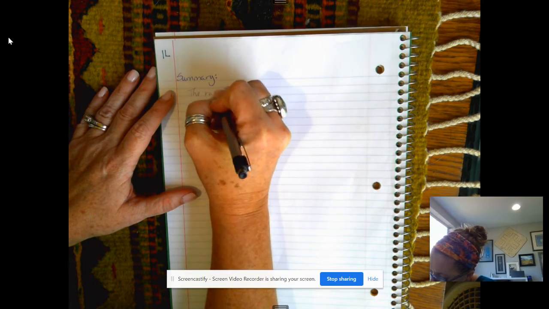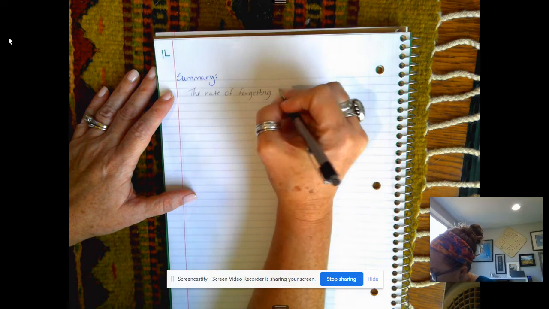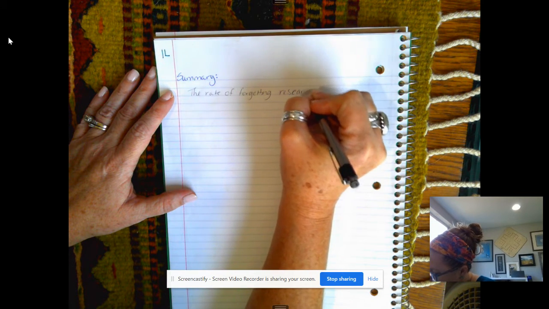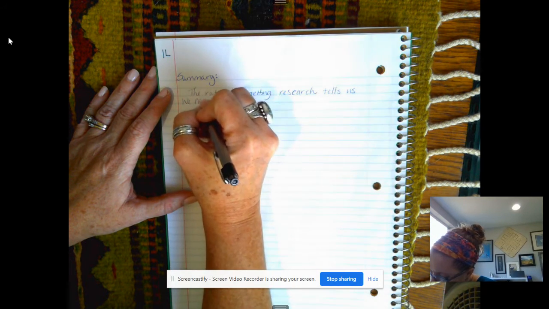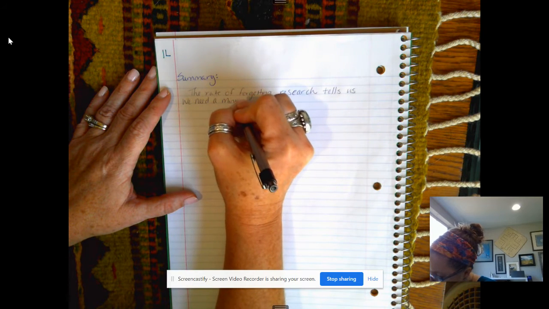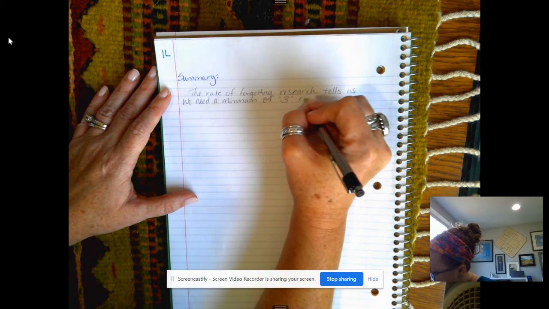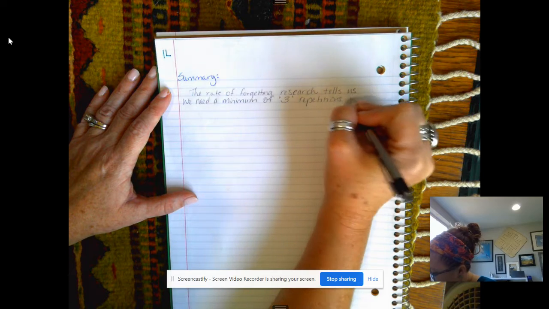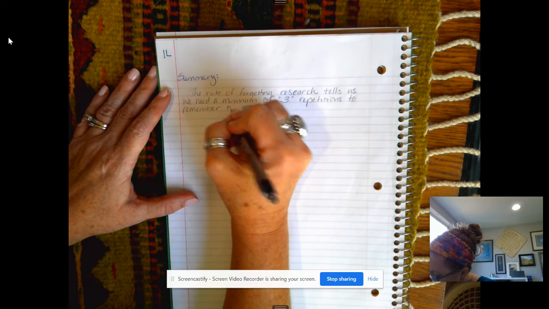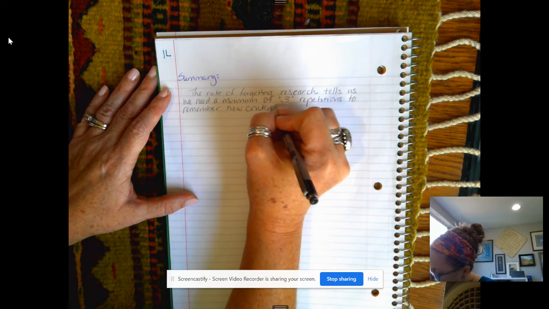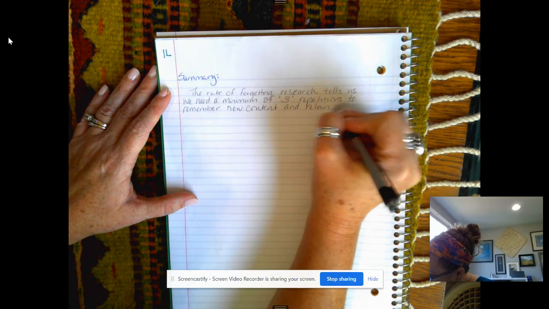The rate of forgetting research tells us we need a minimum of 3 repetitions to remember new content and retain that knowledge.